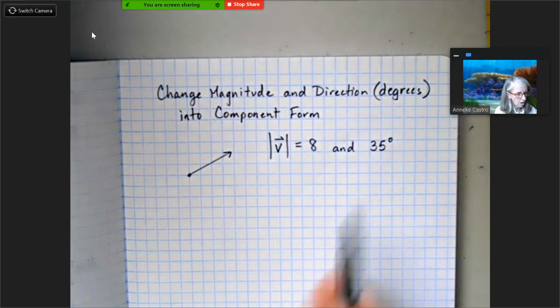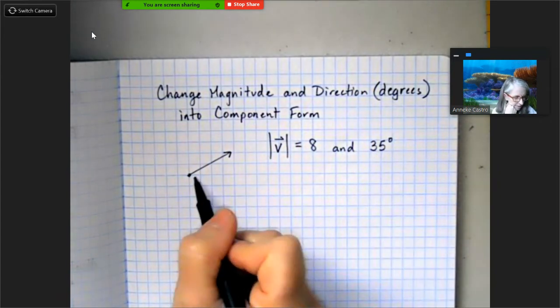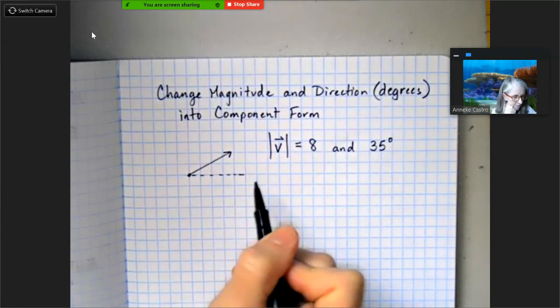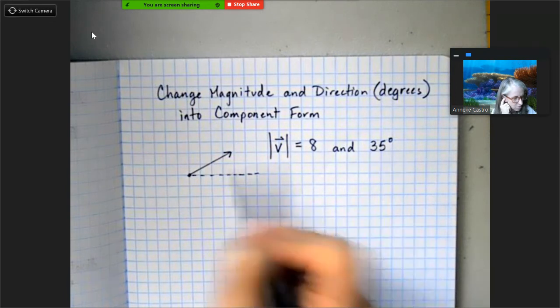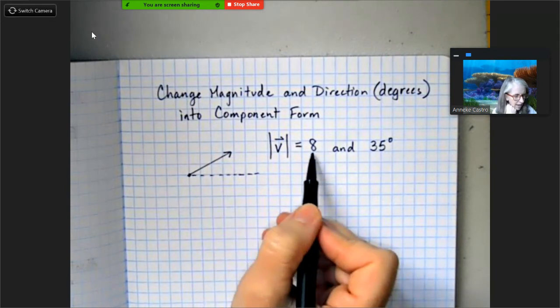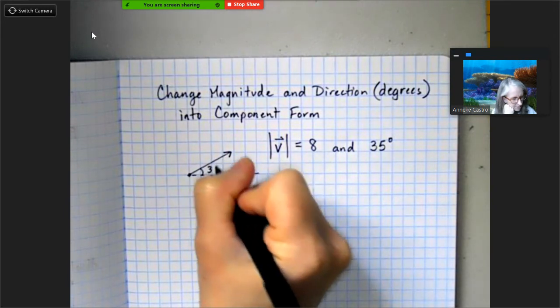Whenever we're talking about the angle, it's just like on the unit circle, that's to the x-axis. So right here, it's going to have an angle of 35 degrees with the x-axis. So here's my vector. It's got a magnitude of 8, and this angle right here is 35 degrees.